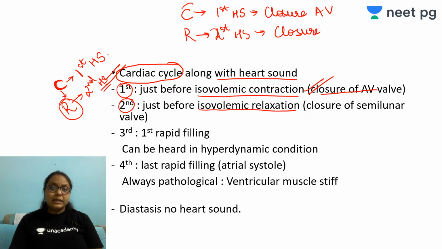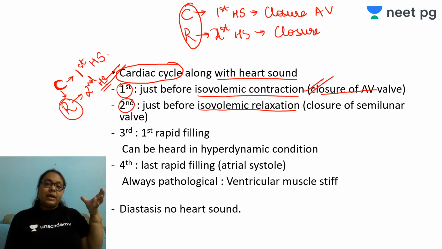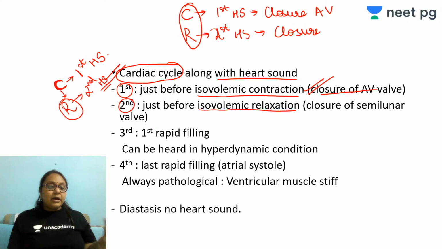I'm telling this to remember because in exams it gets haphazard and you don't remember. So C comes first: C, isovolumic contraction, is the first heart sound, and R comes after, that is the second heart sound.